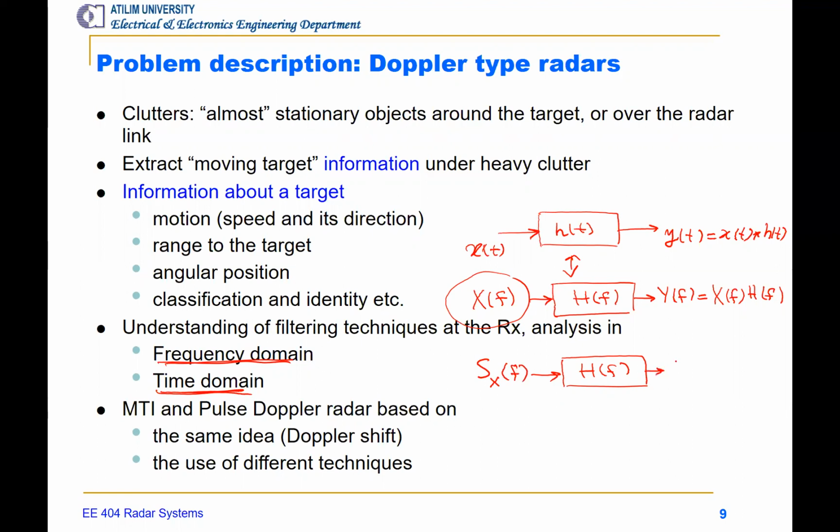Okay, and the output signal's power spectral density will be the input signal's power spectral density times the magnitude squared of the transfer function of the system. So this is for deterministic signals, this is for random signals, and this is for time domain signal analysis. So we'll be using somehow these concepts in next slides.